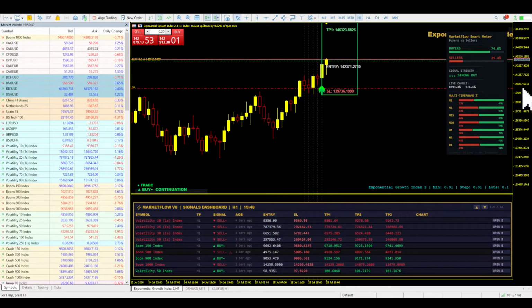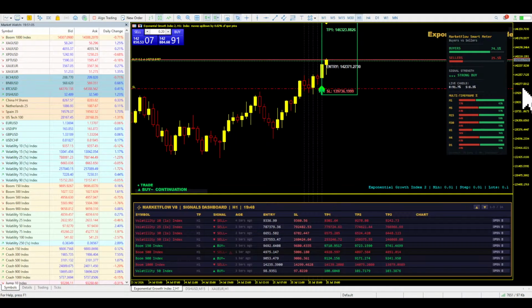While I'm talking about buyers and sellers, why is it important that we know how many buyers and sellers are in the market? The reason is we want to trade in the direction of the momentum. When you trade in the direction of the momentum, it doesn't take long for the trade to develop and go in your direction.